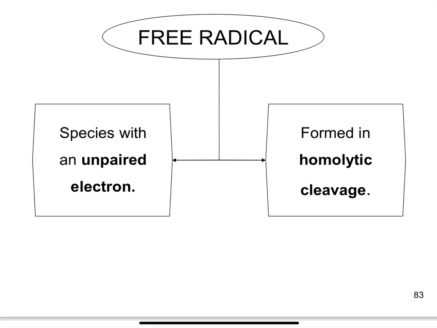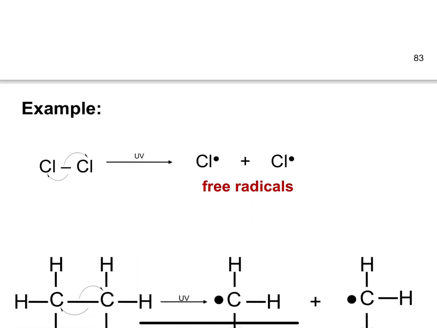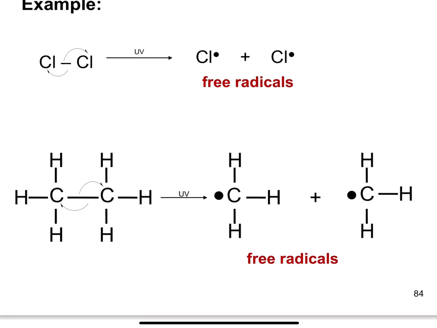Next, for free radical, we have already seen that a free radical is formed through homolytic cleavage. So when a free radical forms, as you can see over here, please take note of the arrow. The arrow must be clear, and I don't want the arrow hanging like this. Please don't draw it however you like.